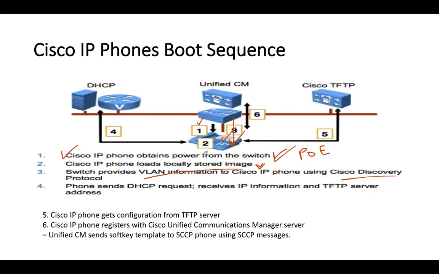Then the Cisco IP phone might have some pre-stored images that it will use to boot up and finally be fully powered on. Once it is powered on, the switch, using the Cisco Discovery Protocol, will assign the VLAN ID to the phone. Now this phone is part of a certain VLAN, let's say the voice VLAN.